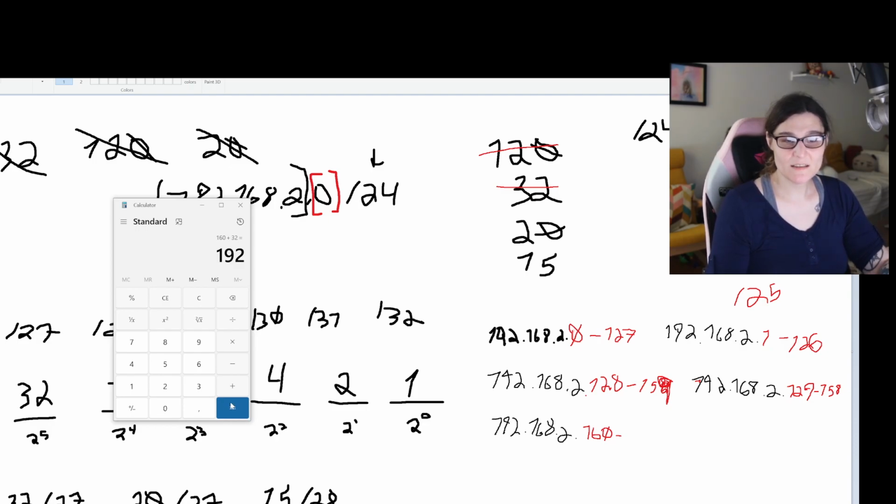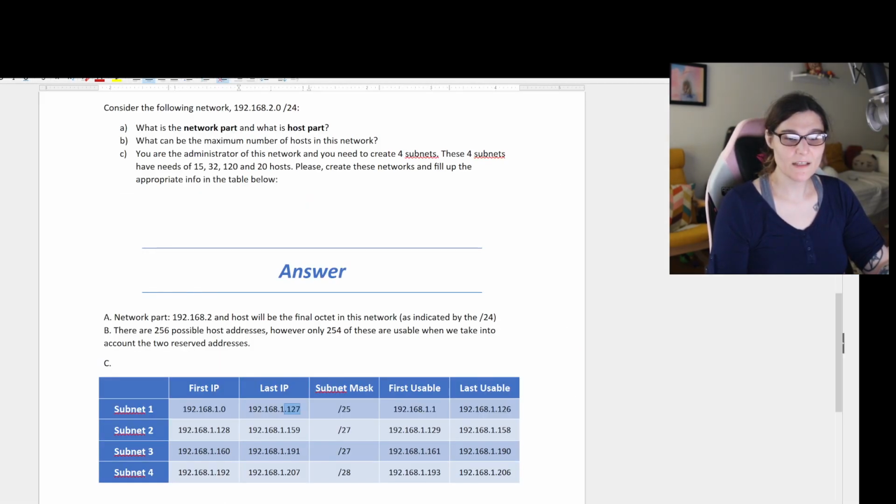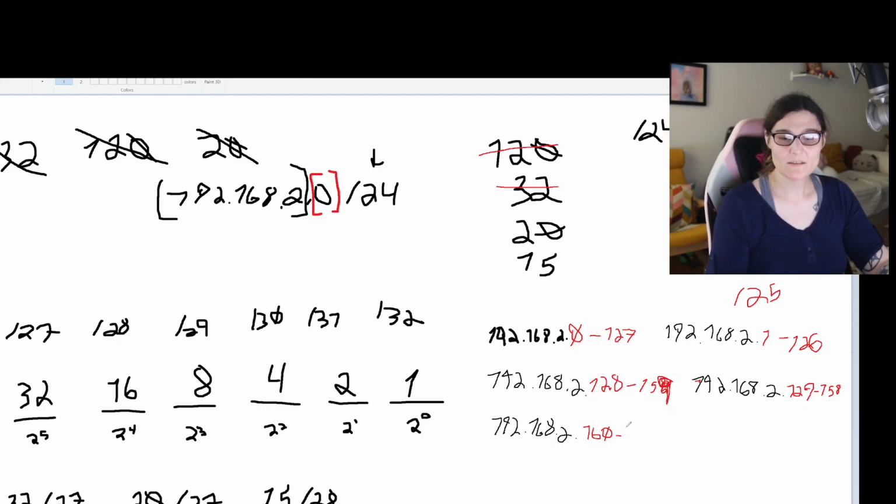But because of the reserved address, we have to subtract, right? Subtract the reserved address. And you can see here, we've got the 191. That's the mathematics that goes behind this. So that will extend to 191. And that's a 9.